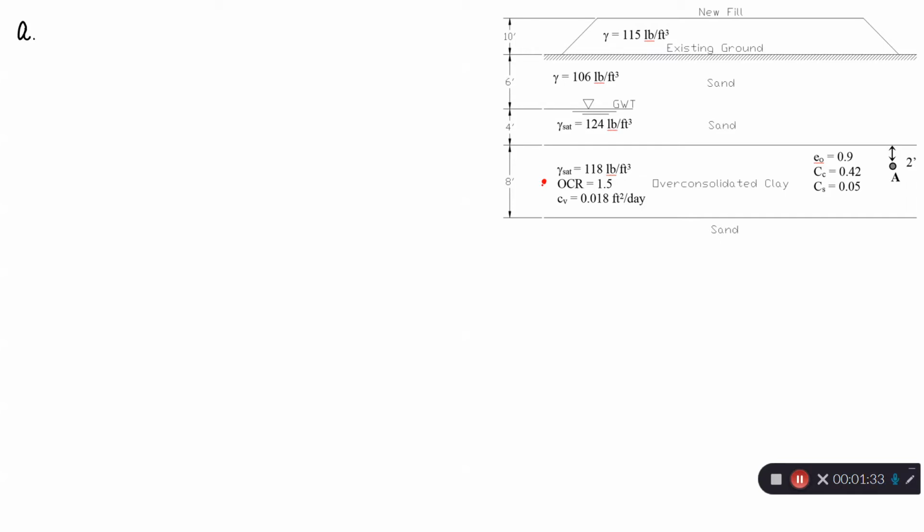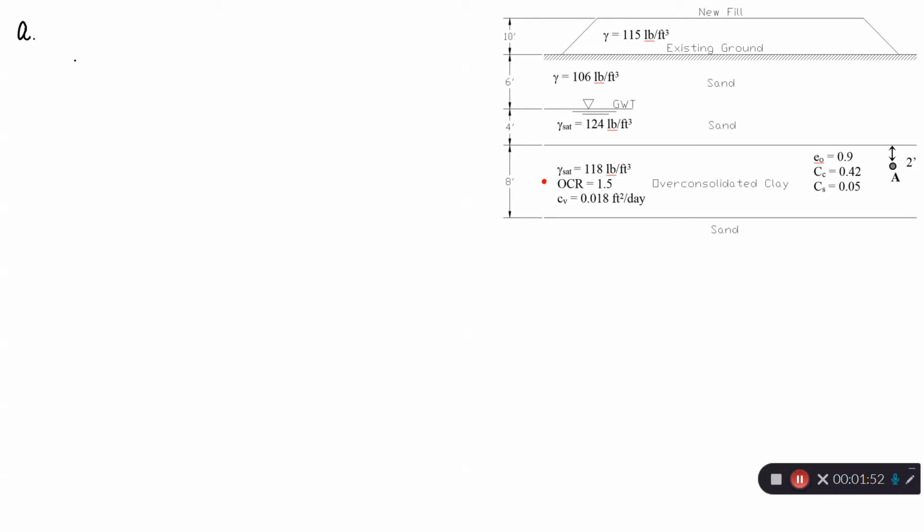By doing that, we have to estimate the initial effective stress and the final effective stress at the midpoint, at the mid depths of the clay.